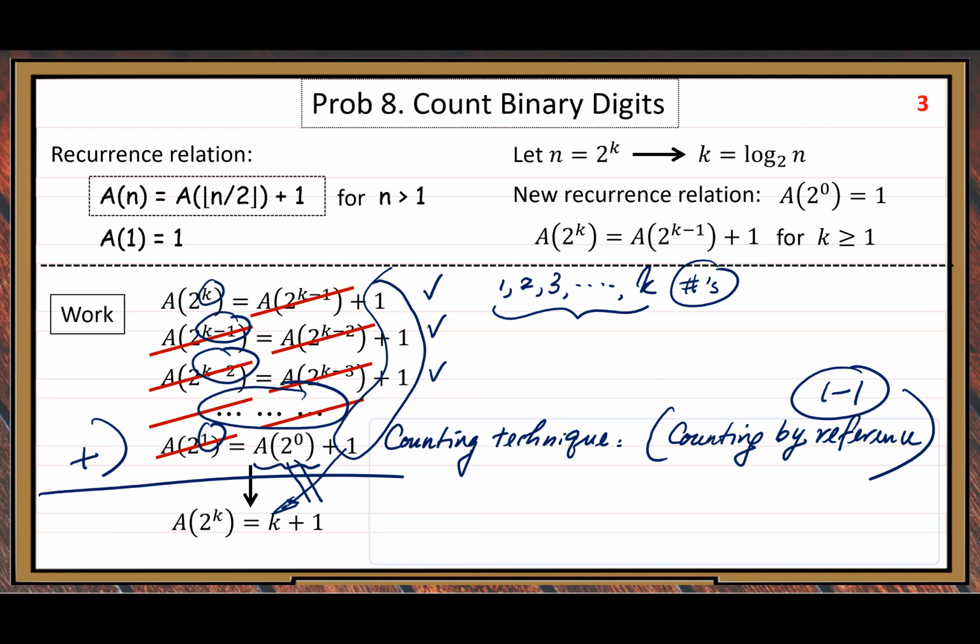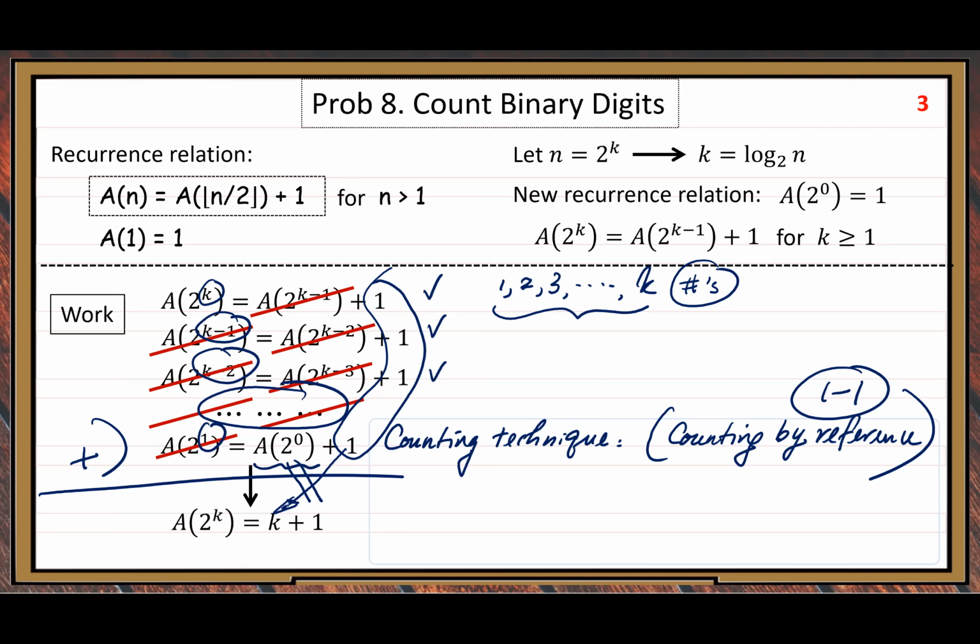Accurate, no approximation here. Now, this formula is the answer, but still not exactly what we need, because it's in terms of k.